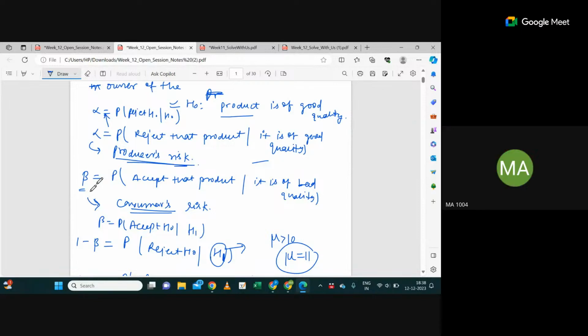In a real life scenario, this kind of error happens. There is a probability of this error: you have rejected a product even though it was of good quality. We have to minimize these kinds of errors.